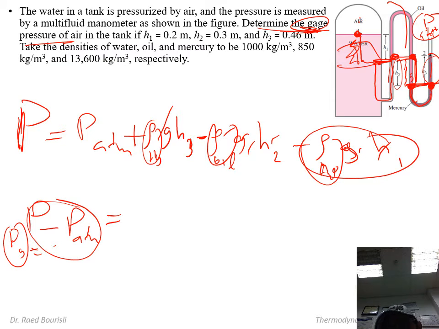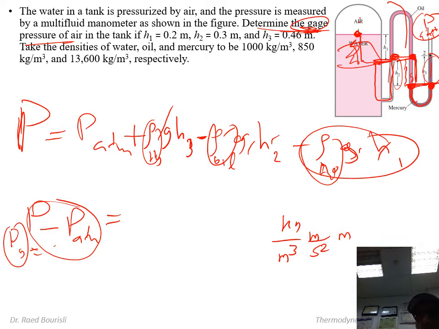This rho g h, if you compute it, is kilogram per meter cubed with meter per second squared, and then with meter, since h is in meters. So this will give you Pascal, which is Newton per meter squared.